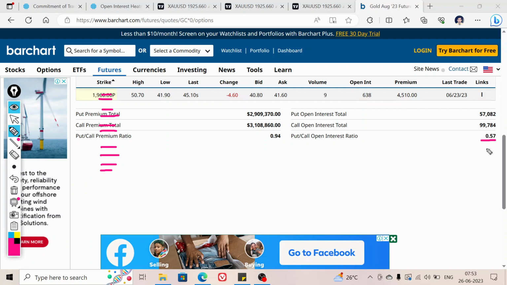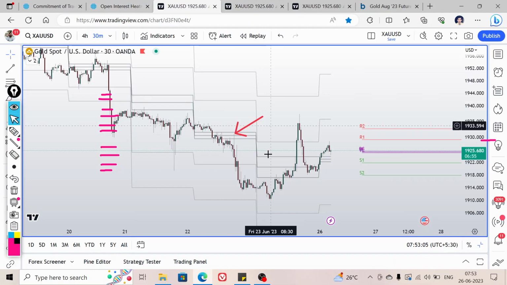So we can expect further price upside, or a bullish move from the current price range. So we have to look for sell opportunities only after the rejection from the higher price range that I already discussed. We are going to discuss these levels in the live trading session in the Telegram channel.